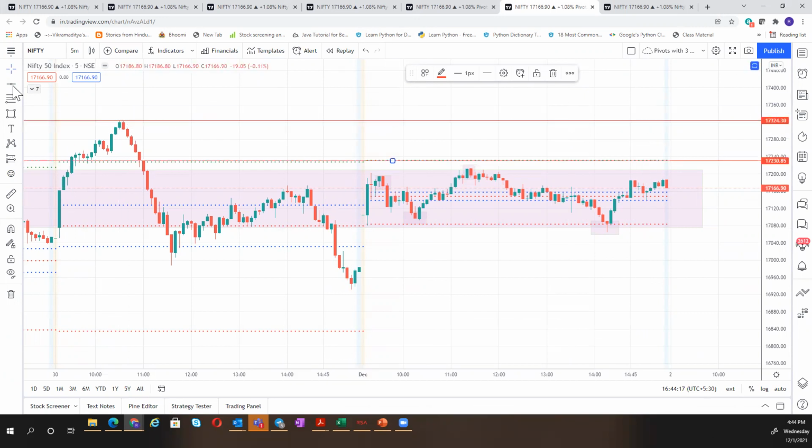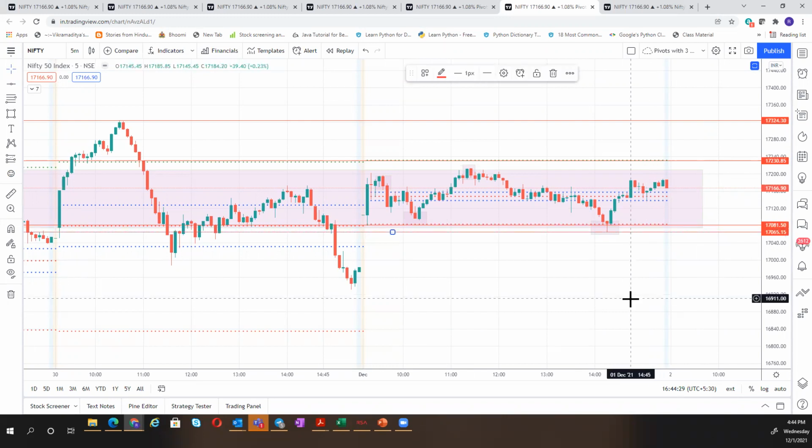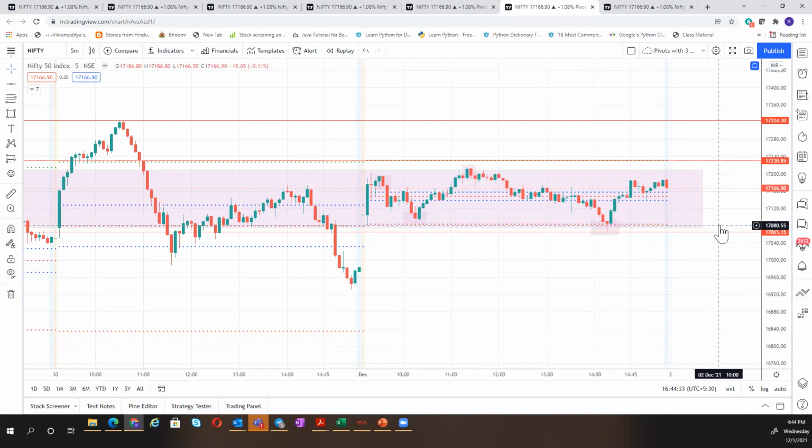This is R1, this is S1. All right. So the low of the day is also very close by, 17,064. You can keep this. Okay, so 17,065. I'll remove S1 here.